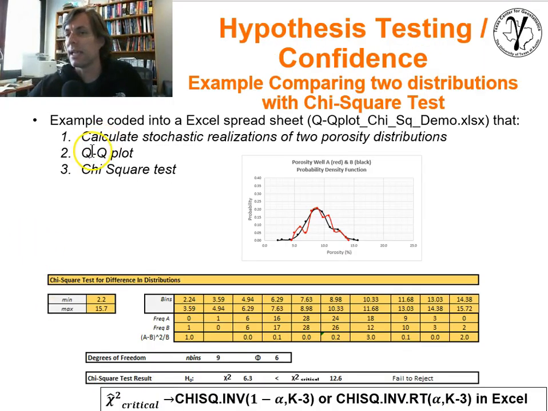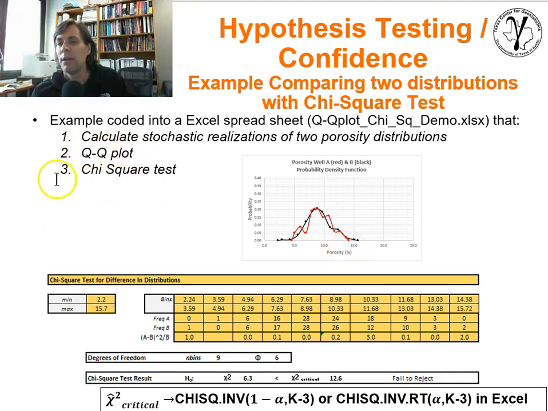I've worked out an example of using the chi-square test to test for the difference between two distributions, and it's available to you in the QQplot chi-square demo Excel file. It has some additional functionalities such as plotting the bin probability density functions and the QQplot.